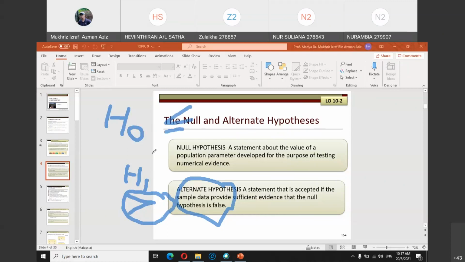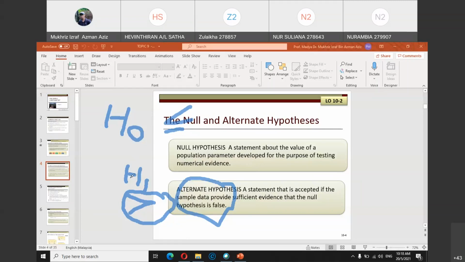The same goes with any other statement that you want to prove. Let's say from past information, someone mentioned in a report or a study that UUM students spend 500 ringgit, but now you feel that no, it's less than 500.